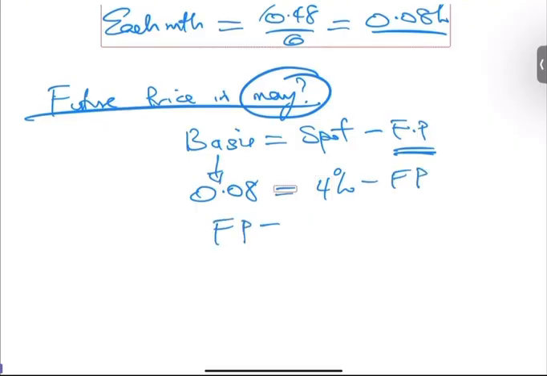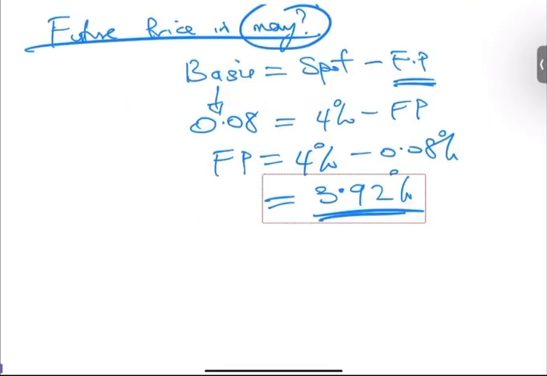Your future price will be equal to 4% minus 0.08%, and that is 3.92%. So that is your future price rate.